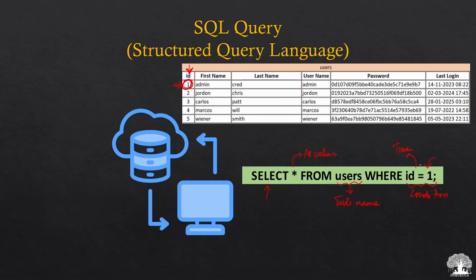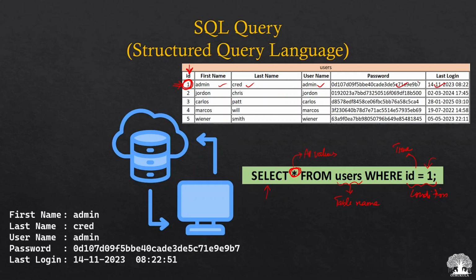When this condition is true, it fetches the specified values, and in this query we have specified to fetch all the values. So all the values related to this particular row will be fetched and then displayed at the user end. That's how a basic SQL query works.